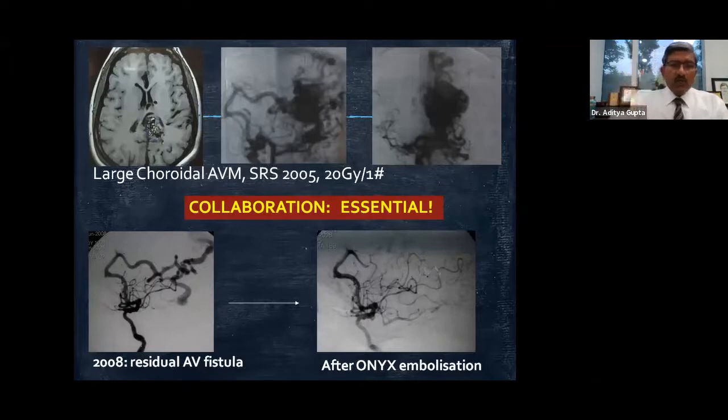After 3 years, we saw that there was still a small fistula remaining, and this then needed embolization. What I would like to say in this slide is that surgery, embolization, and radiosurgery are complementary modalities, and it is possible that a certain AVM may require these to be done in almost any order.